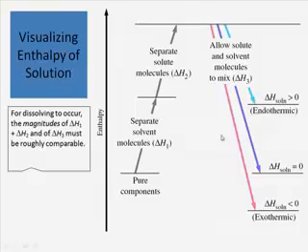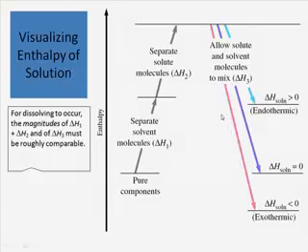In order for something to dissolve in something else, the amount of energy that it requires for the separation of the solute and solvent has to be about the same as the energy that is released when they interact.